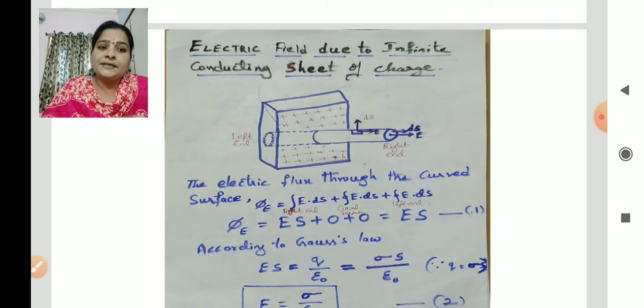At the extreme right end, where we are finding the electric flux, the electric field and the infinitesimal surface ds are both acting in the same direction. On the curved surface, the electric field intensity and the infinitesimal area ds are acting perpendicular to each other.